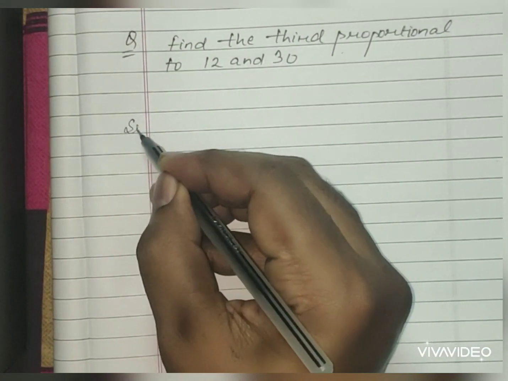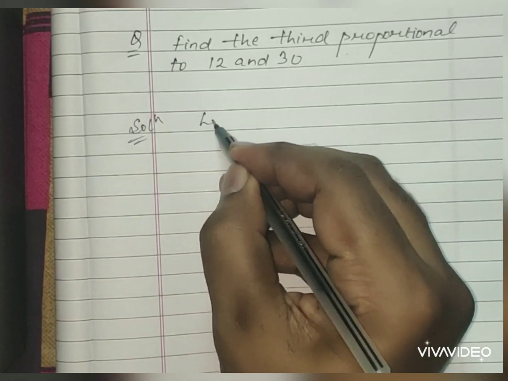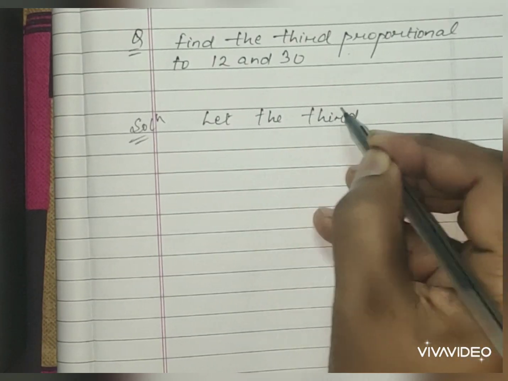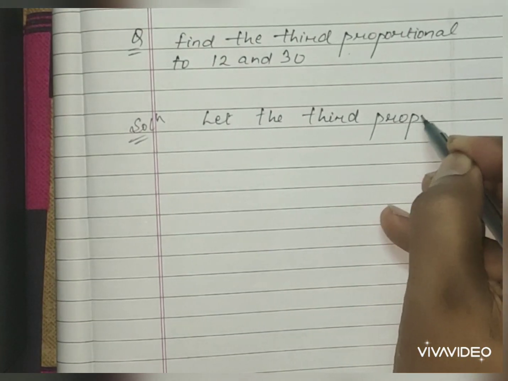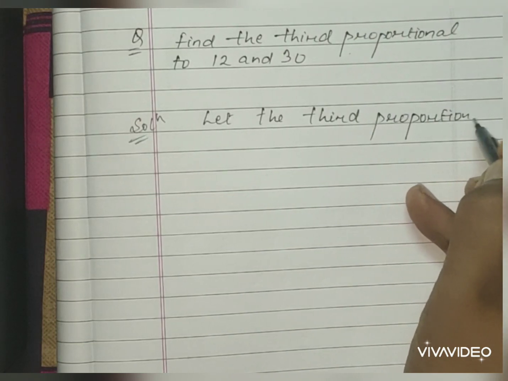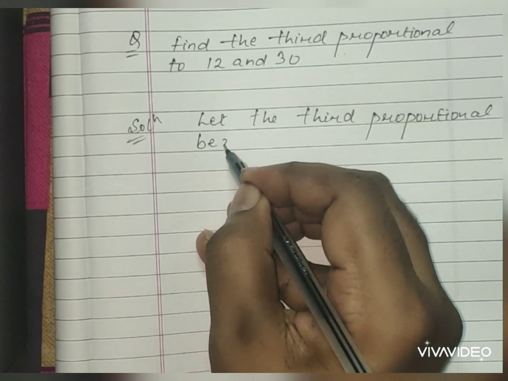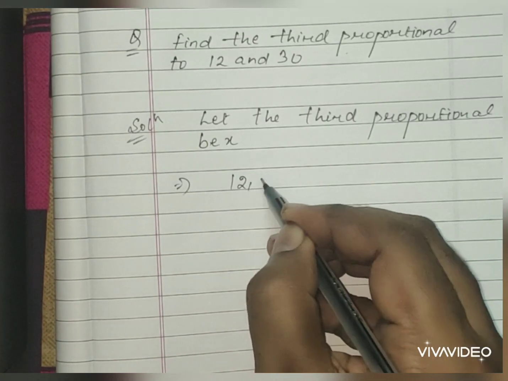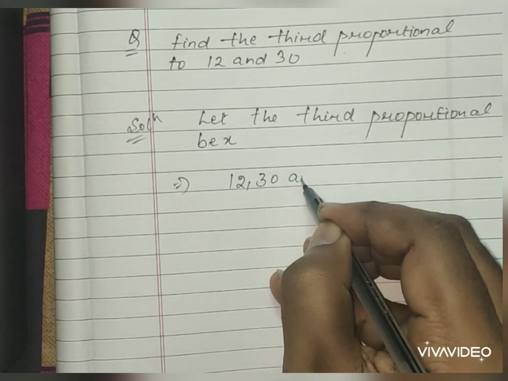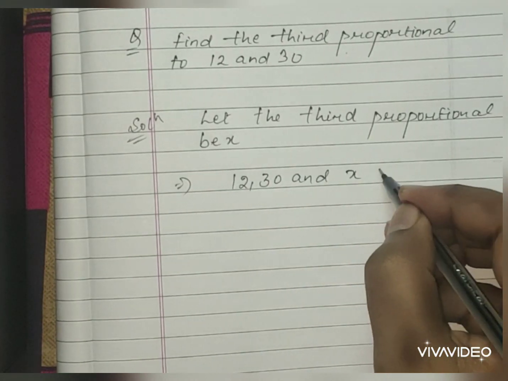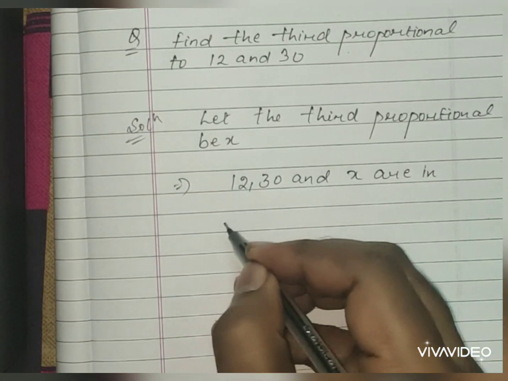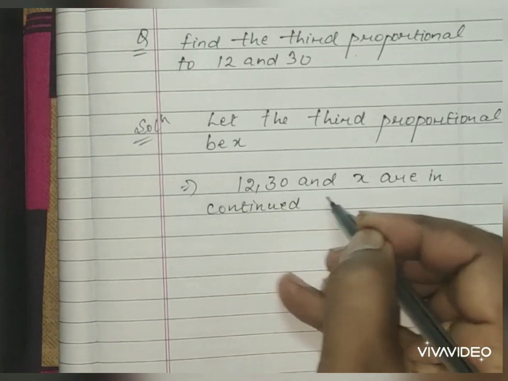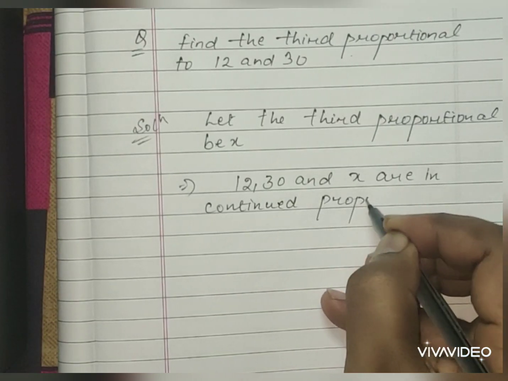So let the third proportional be X. Okay, so we can say that 12 comma 30 and X are in continued proportion. Clear?